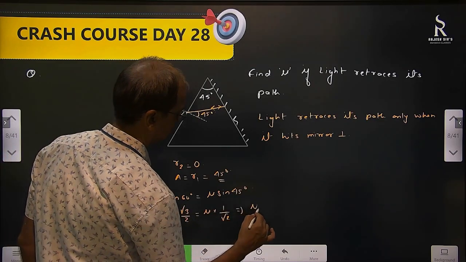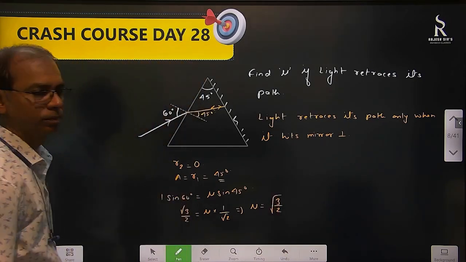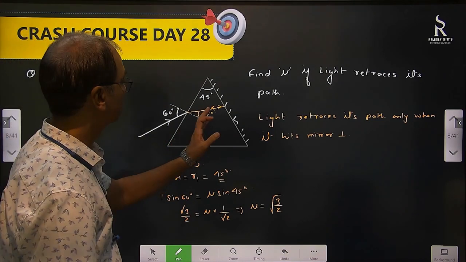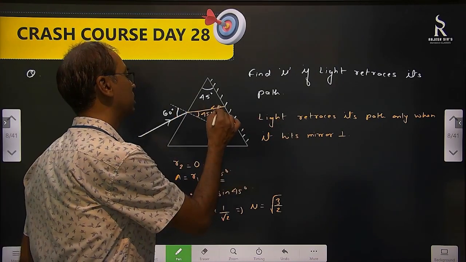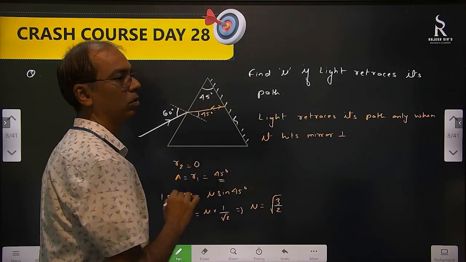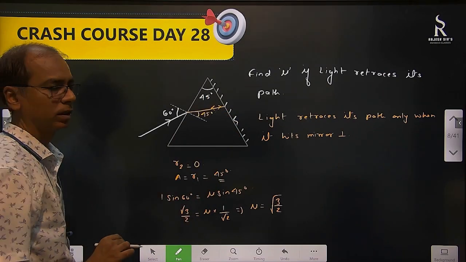So the mu value is coming root over 3 by 2. Like this we will be doing. But you have to remember all these, then only you can solve these questions. Like this here this value is 0, 45, 0, right? This is how you should be doing it. Clear?